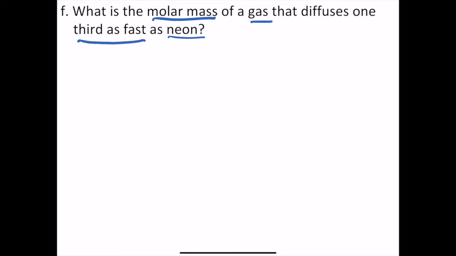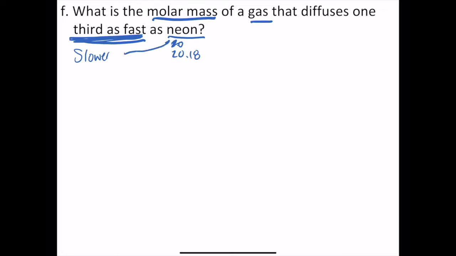So neon, let's look up its molecular mass. It looks like it is 20.18. Okay, so if it moves 1/3 as fast, that means it's slower, right?